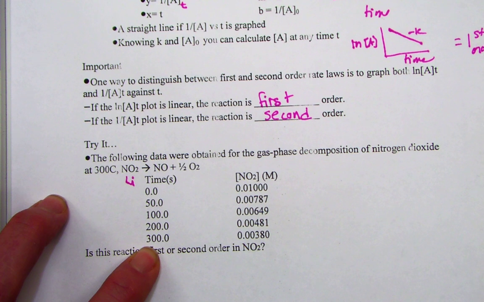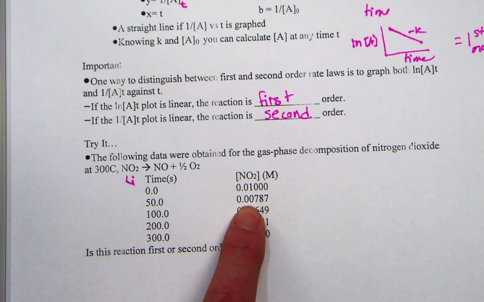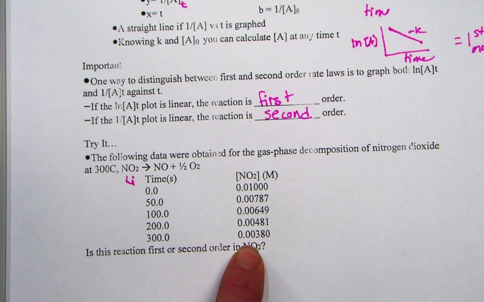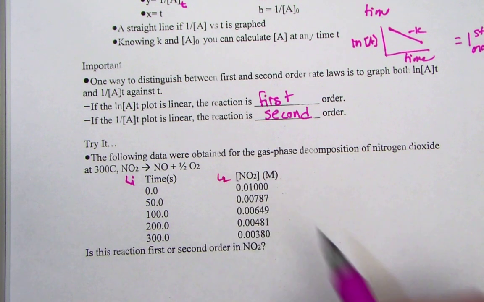I'll bring the cursor over to list 2 and plot the following. 0.01, enter. 0.00787, enter. 0.00649, enter. 0.00481, 0.00380. I now have list 1, list 2 entered into my calculator.